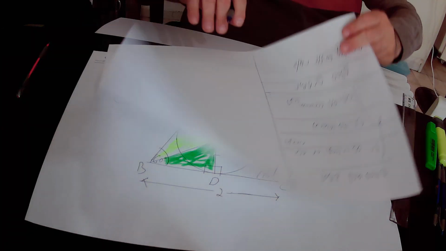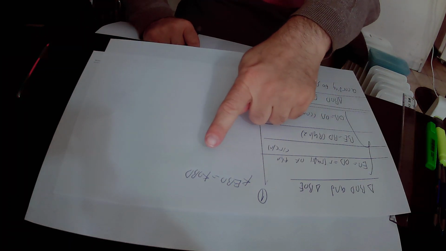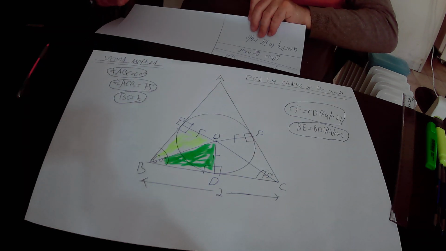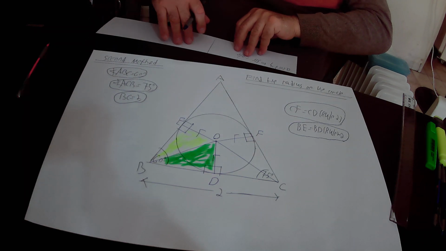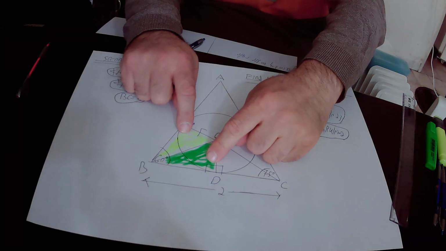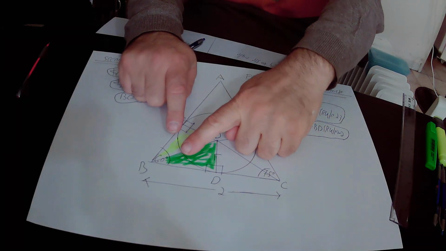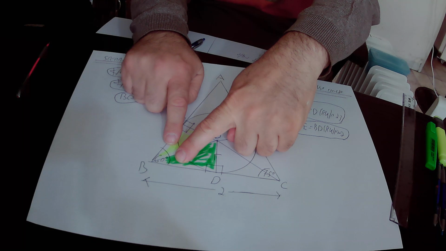So again, angle EBO equals angle OBD, according to the rule that corresponding angles in congruent triangles are equal to each other. Therefore, the two corresponding angles must also be equal to each other.